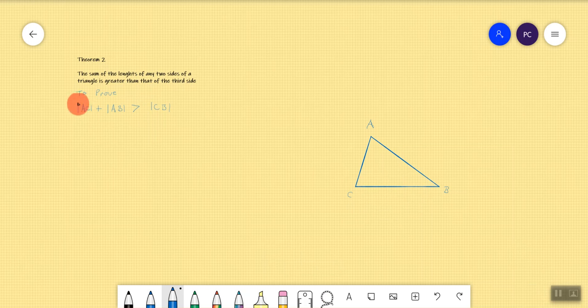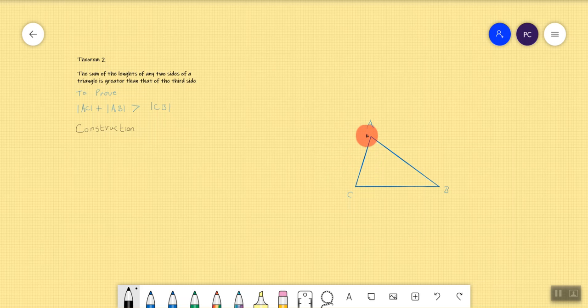So the next part is a little construction that we need to do. Basically, we want to form another triangle that's attached onto this.